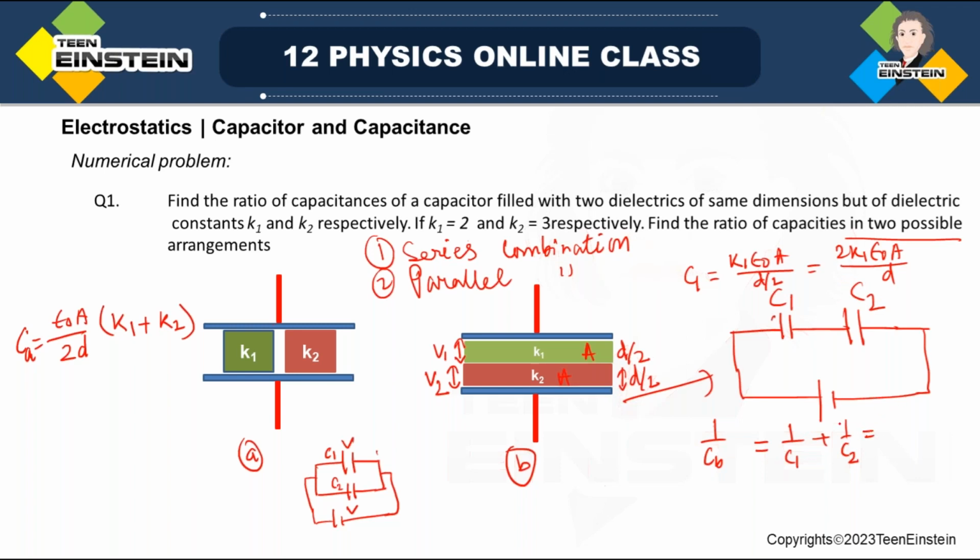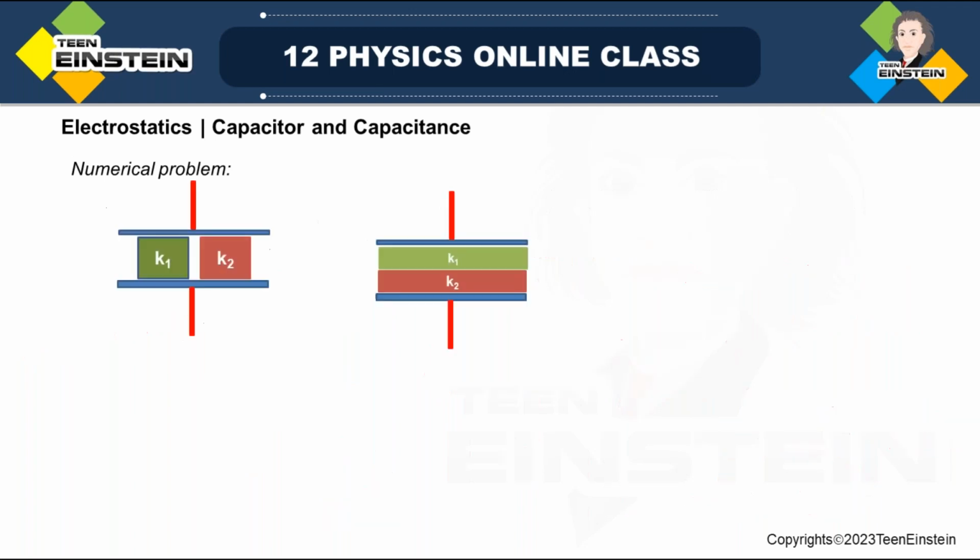So 1 over C, that means D by 2K1 epsilon naught A plus D divided by 2K2 epsilon naught A. Okay, so here the problem, okay, let me just go on here.